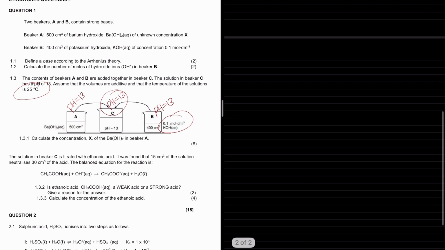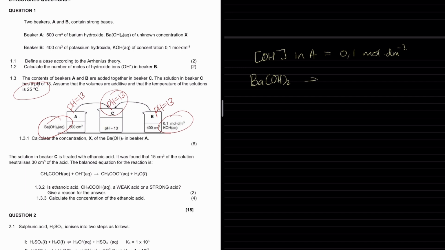Now, if I know the concentration of the OH minus in A, and I'm saying that that is 0.1 moles per dm cubed, and I know the compound of A, that's barium hydroxide, I can work out the concentration.